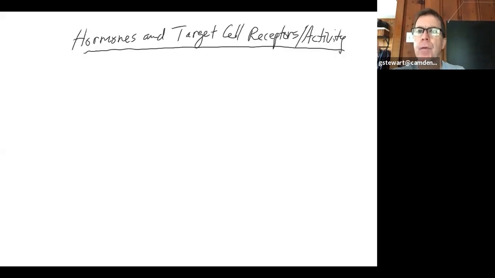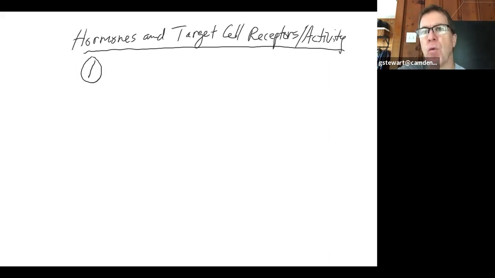All right, so losing my way here. There we go. There's just two ways that hormones really behave at their receptors at the target cell, and they're completely based on whether they're amino acid-based hormones or steroid-based hormones.